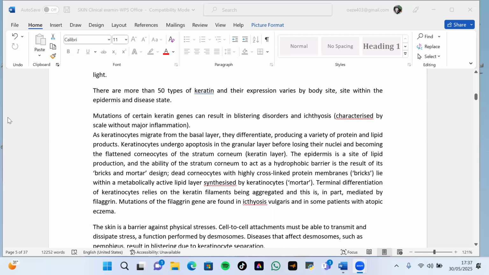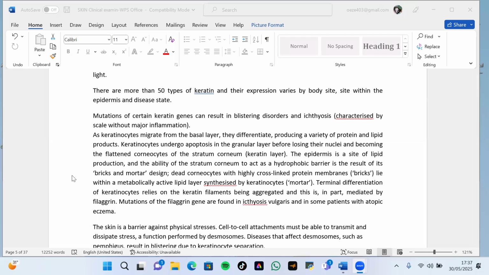Most times when somebody begins to develop infections of the topmost part of the skin, the epidermis, it may be as a result of mutations of certain keratin genes, which can result in blistering disorders.